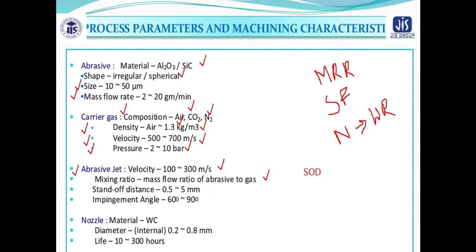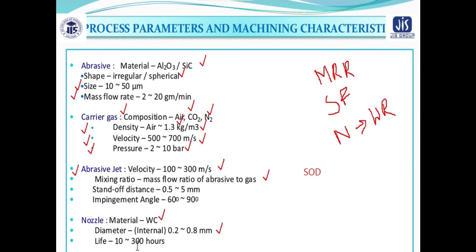Clear? Okay. Now we will be talking about the nozzle. The material should be tungsten carbide, and the diameter should vary between 0.2 to 0.8 millimeter. How much life does it have?